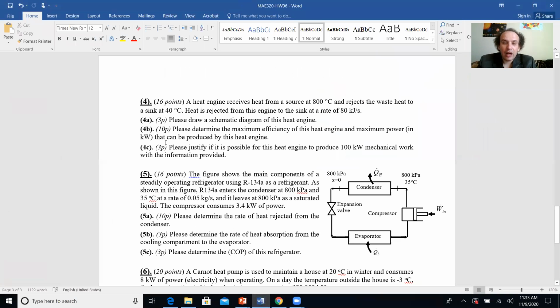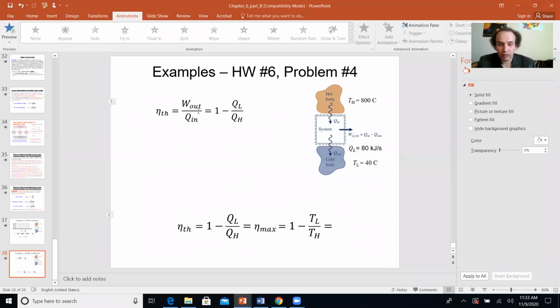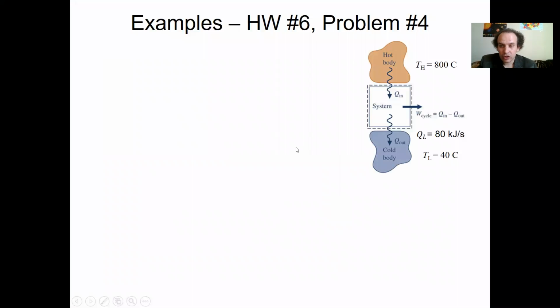It asks, please determine the maximal efficiency of this heat engine and justify if it's possible for this engine to produce 100 kilowatts. So what are you going to do? Exactly, it's very similar to what we had here. So write down your equations. So that is your efficiency.